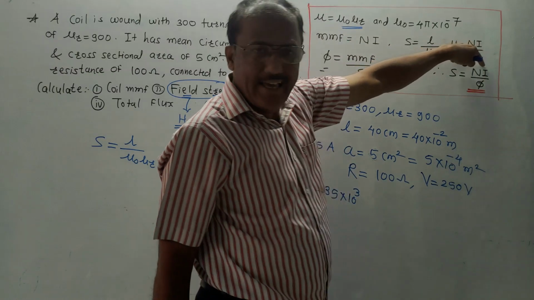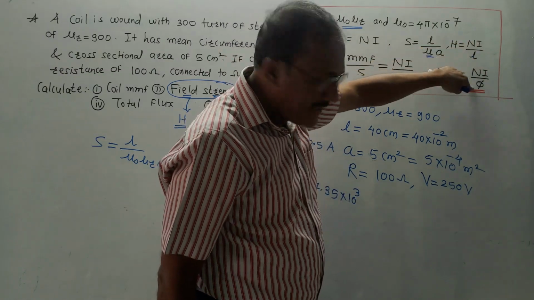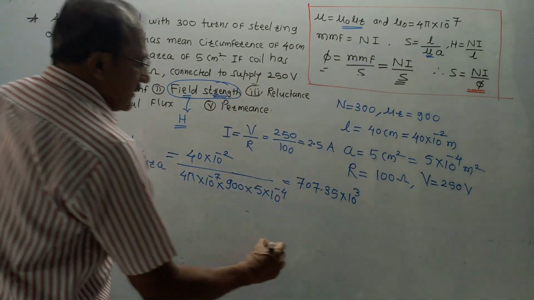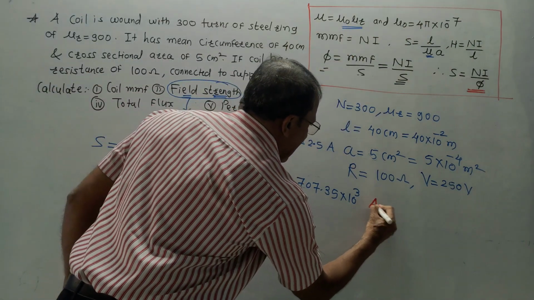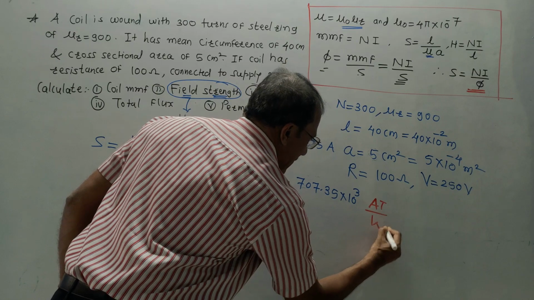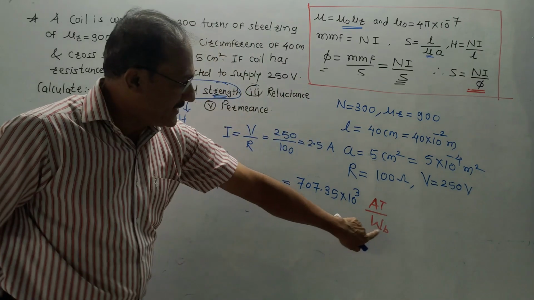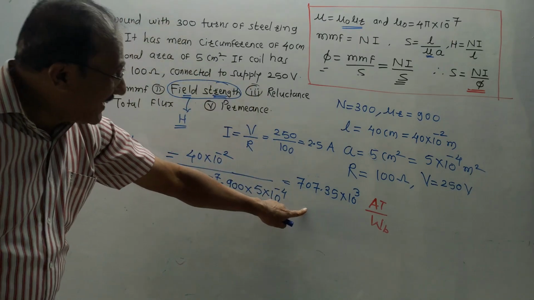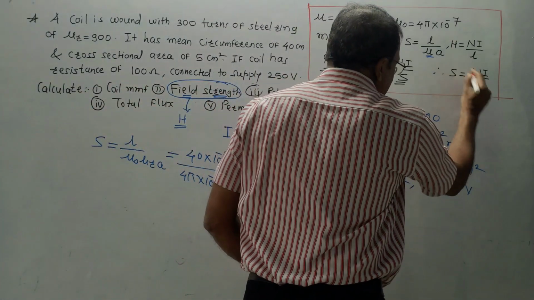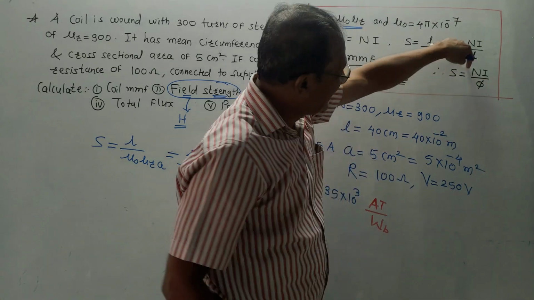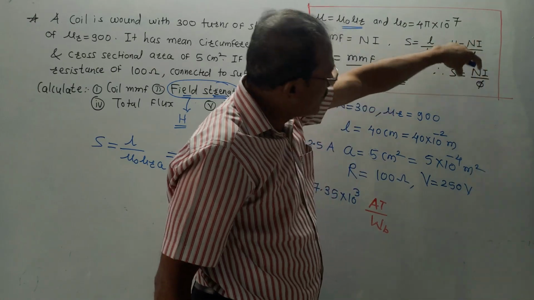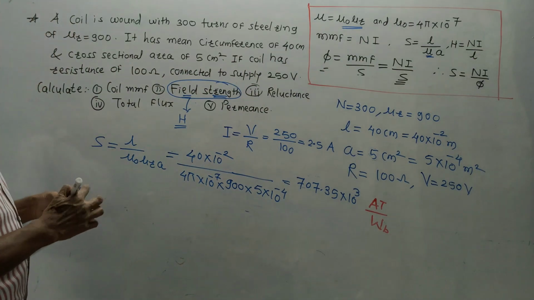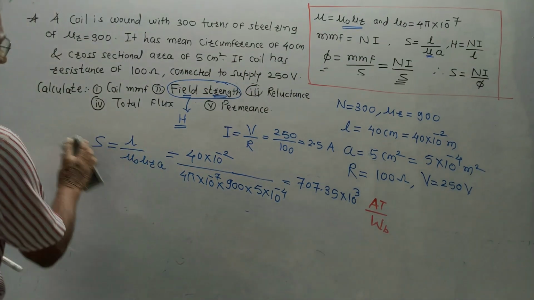N number of turns, I ampere, so it is ampere turn divided by flux. Unit of flux is Webers. So this unit is ampere turns upon Weber. Weber is expressed like this, WB. Once again I will repeat: while writing the unit of reluctance, make use of this basic equation of reluctance, Ni upon phi, just for generating the unit of reluctance. So this is the third part we did, that is calculation of reluctance.